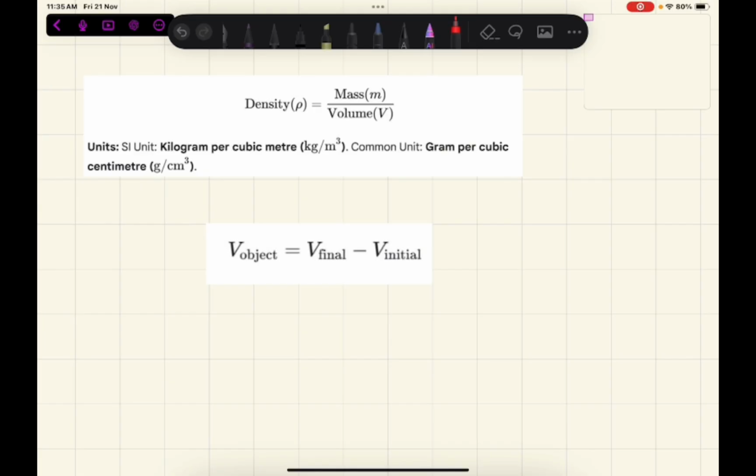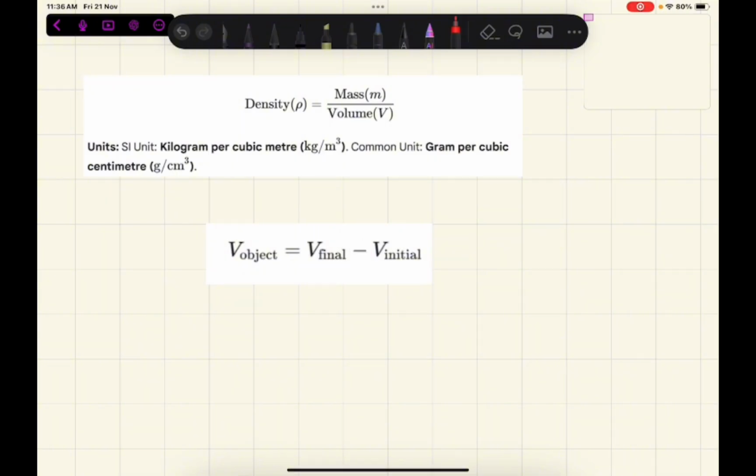Another formula that you need to know is V object equals V final minus V initial. V is the volume of the object. When we want to know the volume of the object, you need to calculate V final minus V initial.